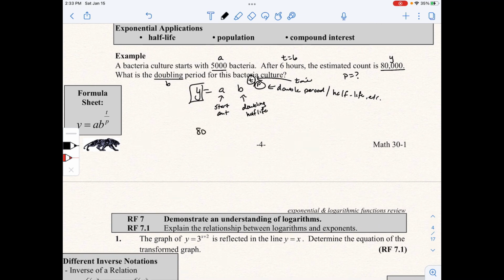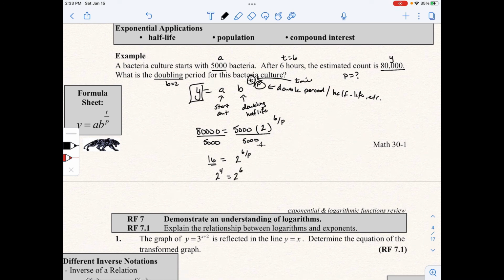So we know 80,000 is equal to 5,000 times 2, B is 2, to the power of 6 over P. Now I can divide both sides by 5,000, and we know 16 is equal to 2 to the power of 6 over P. Now I could use my calculator for this one, but I recognize right away that 16 can be written as a power with base 2.